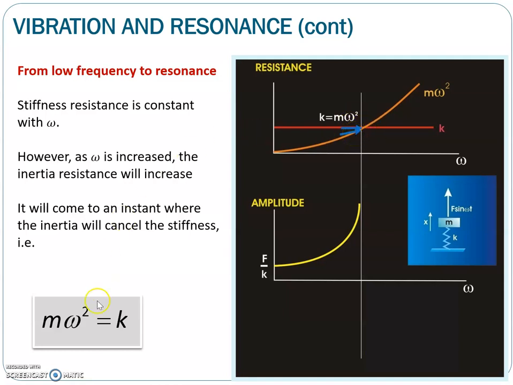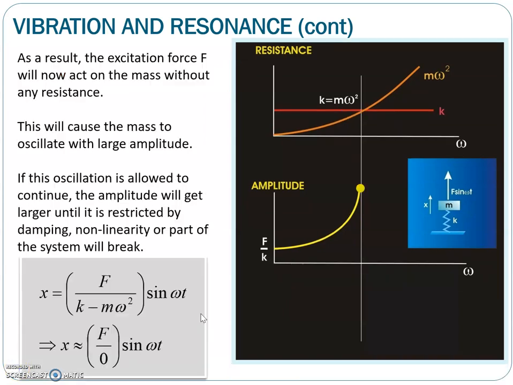In these conditions, m omega squared equals k. Looking back at the displacement equation, the denominator is now cancelled to 0. As a result, the excitation force will now act on the mass without any resistance. This will cause the mass to oscillate with large amplitude.